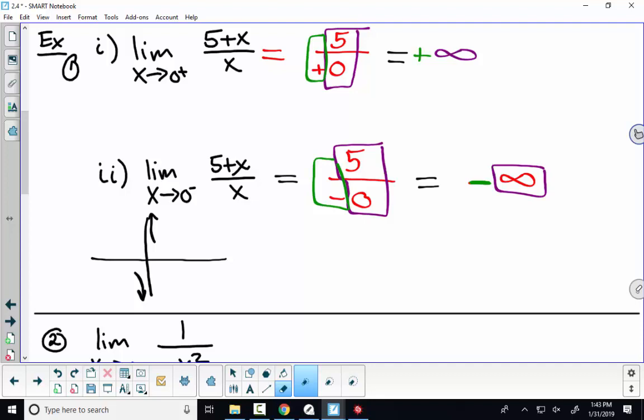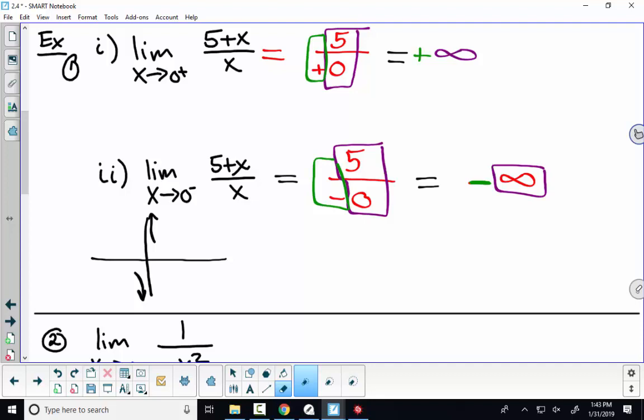Yeah. Somebody kind of already asked this, but if you had the limit as x approaches 0 from the left, and then instead of 5 plus x, you have negative 5, then you have a negative on top and bottom. I guess those cancel out and you're approaching positive infinity?